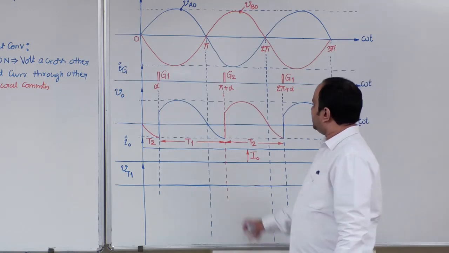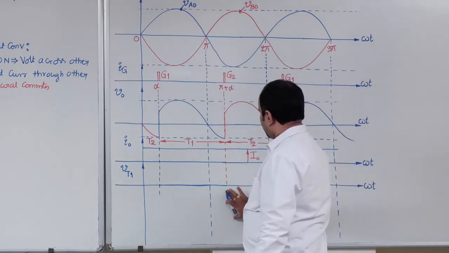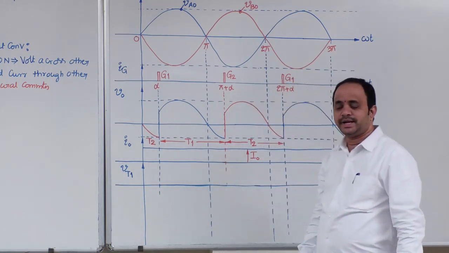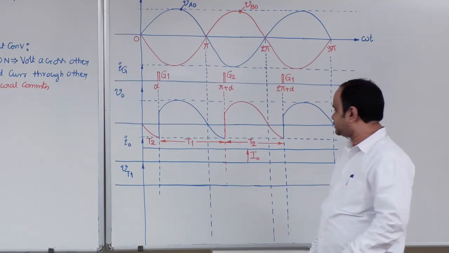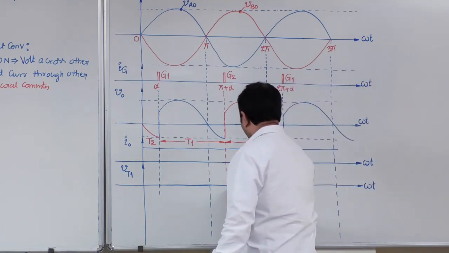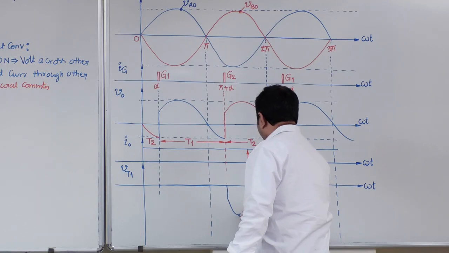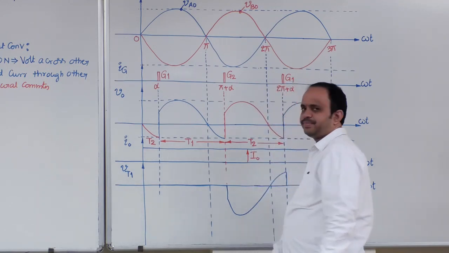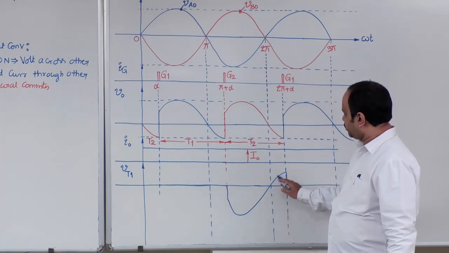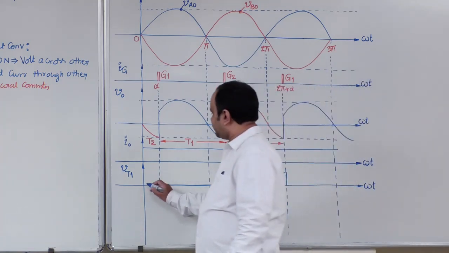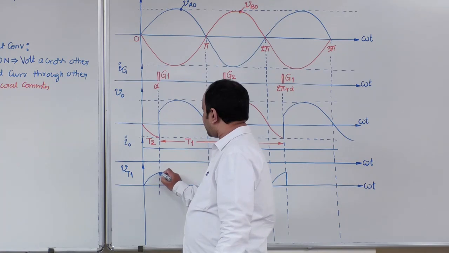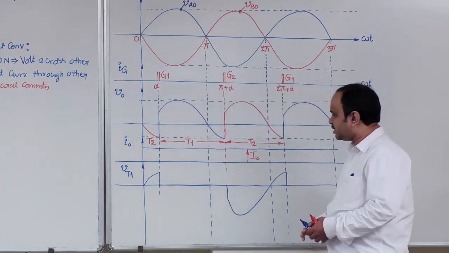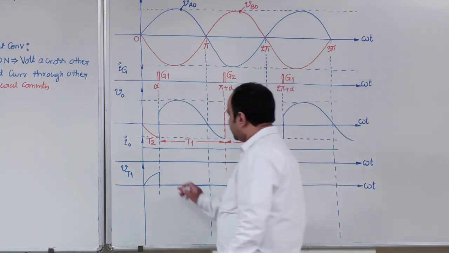Next, from pi plus alpha onwards, what is the voltage across T2? That is minus 2Vm sin omega t. So, since it is minus 2Vm, you can start from the negative side. Now, from 2 pi to 2 pi plus alpha, T1 is in forward blocking state.